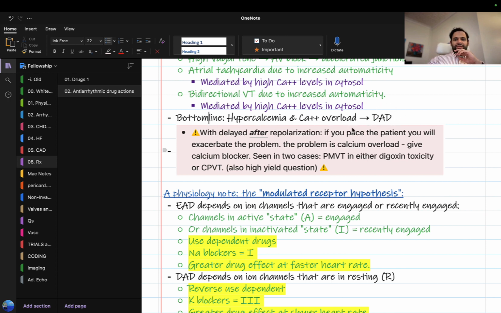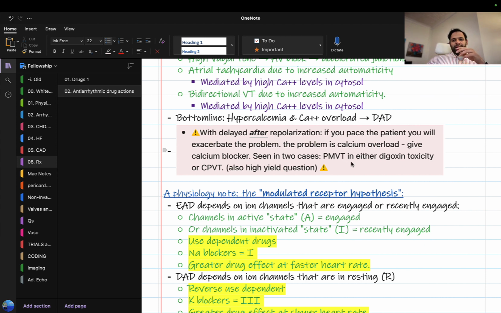With delayed afterdepolarization, if you pace the patient, you will exacerbate the problem. The problem is calcium overload. Give calcium channel blockers.